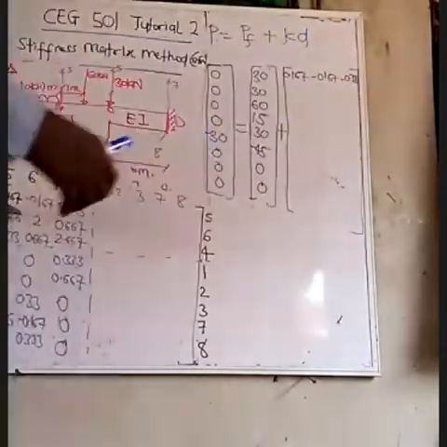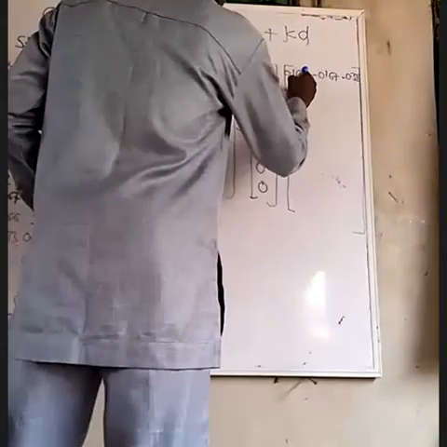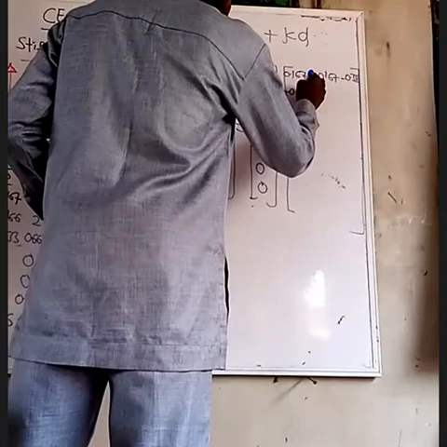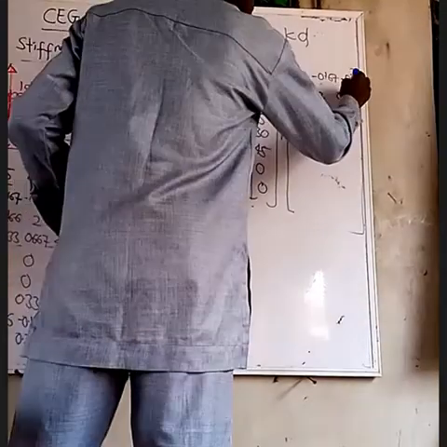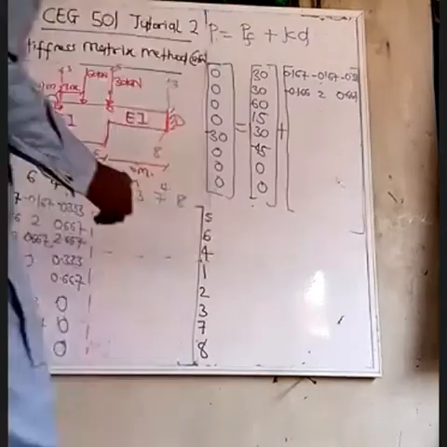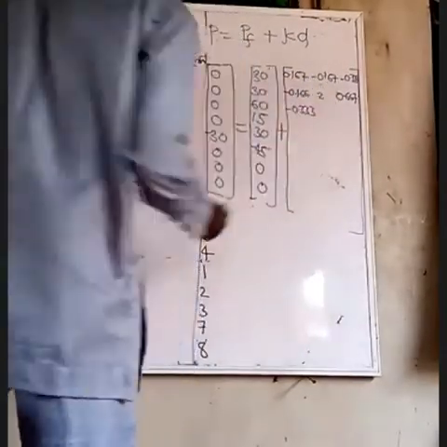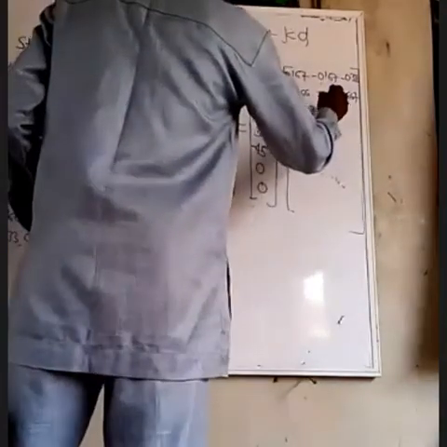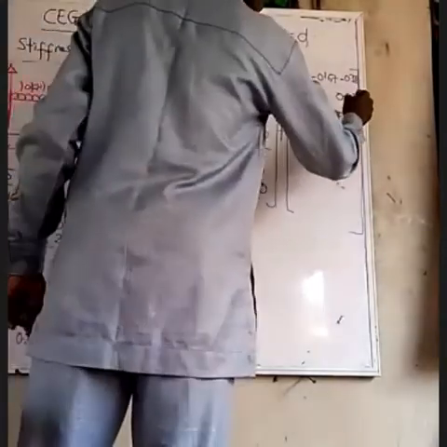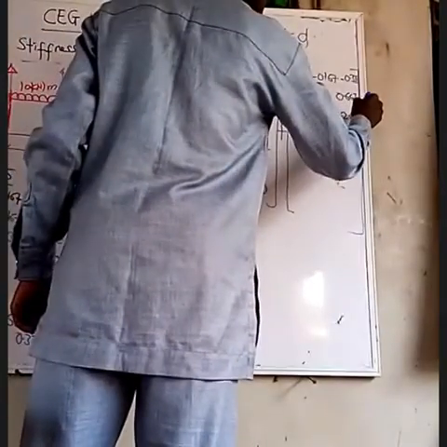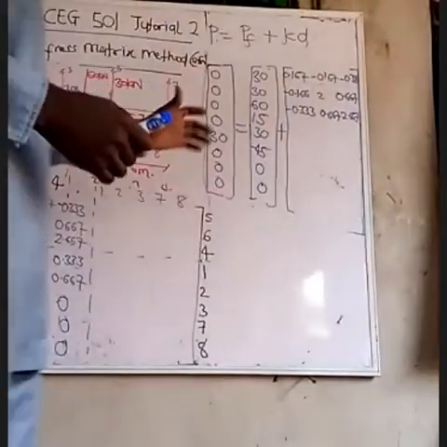So we are just writing what we have here for our K: minus 0.166 to 0.667, minus 0.333, 0.667, 2.667. So now this is what we need.